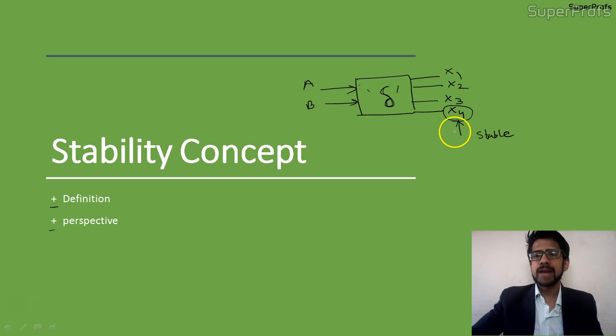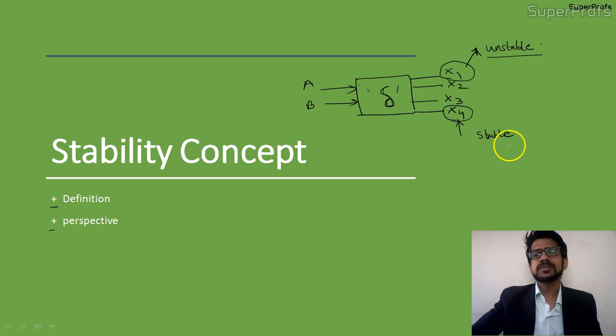If I am interested in output X4, for me the system will be stable. But for you, if you are interested in output X1 and this output X1 is not how you wanted it to be, then this very system will be unstable for you.